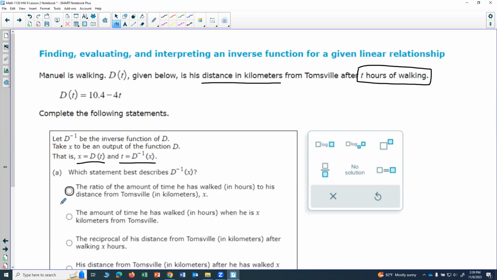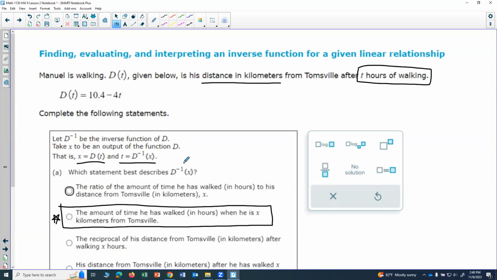So that's this second option, the amount of time he has walked in hours when he is x kilometers from Tomsville. That will be my option for what d inverse of x represents. That's going to represent time. D of t is distance, and d inverse of x is time.